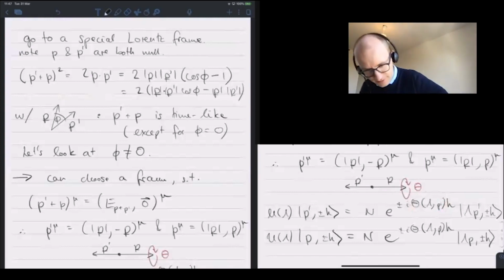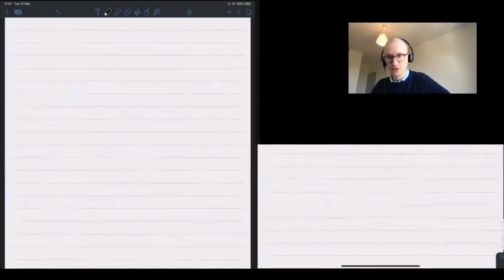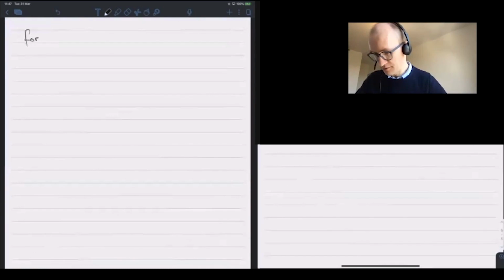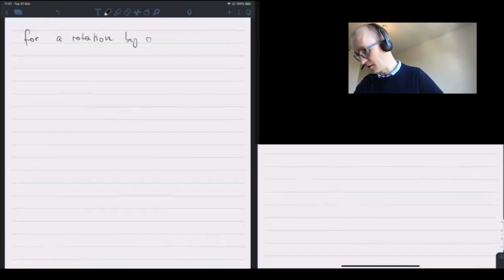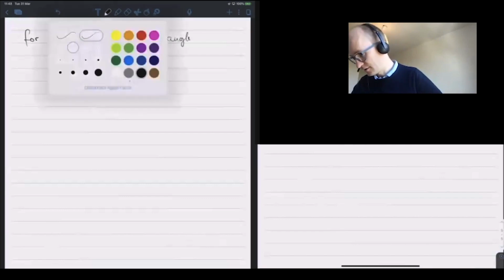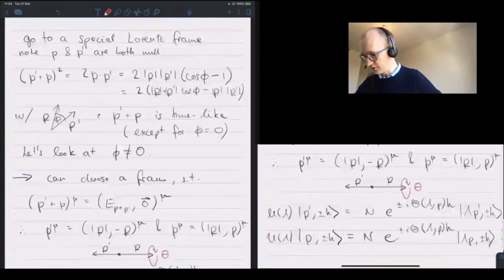But in this particular frame, it's super simple because if I choose the Lorentz transformation to be a rotation around the momentum, nothing happens to the momentum. So what I have is for a rotation by an angle, I called it phi, I apologize.